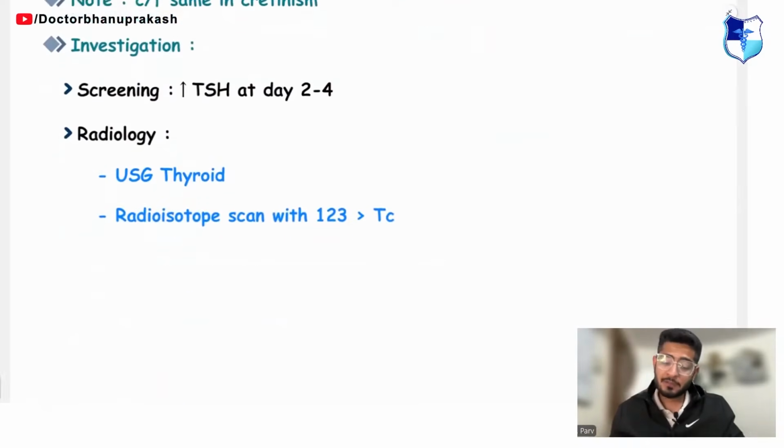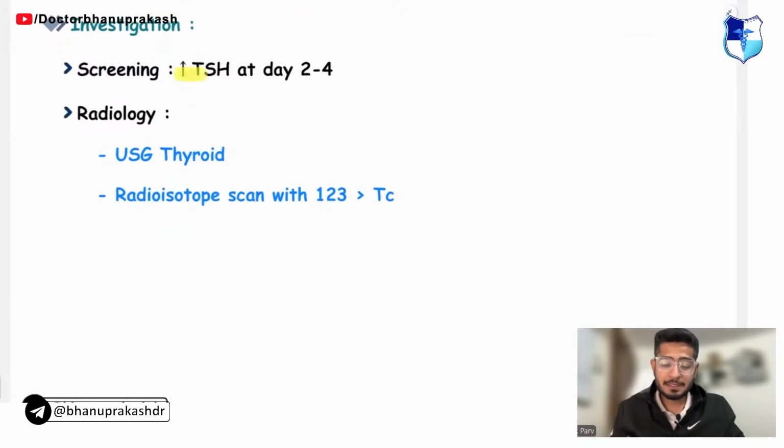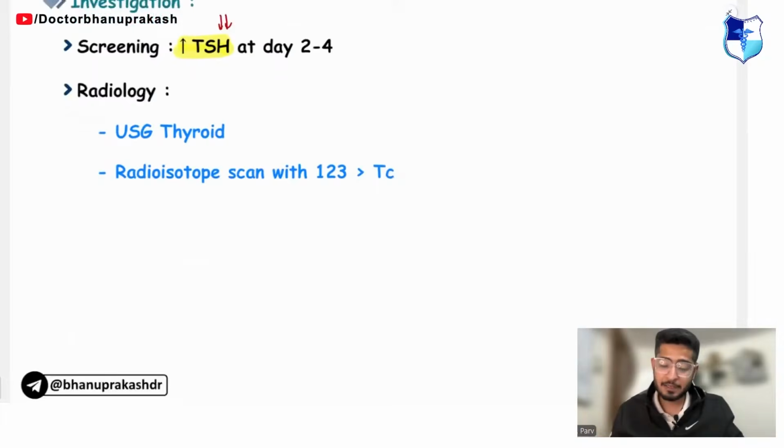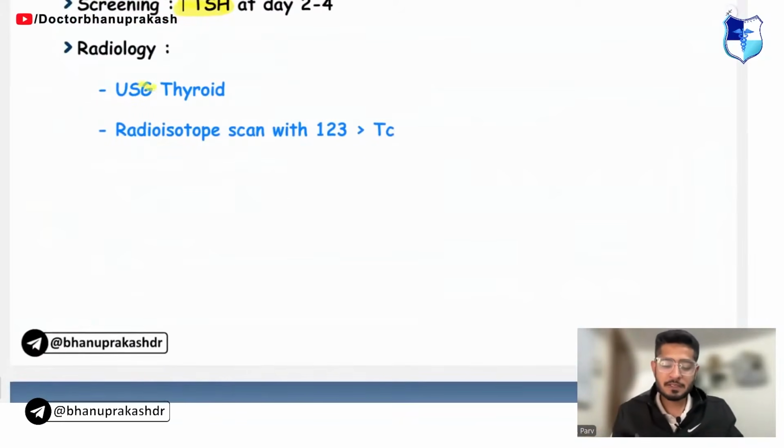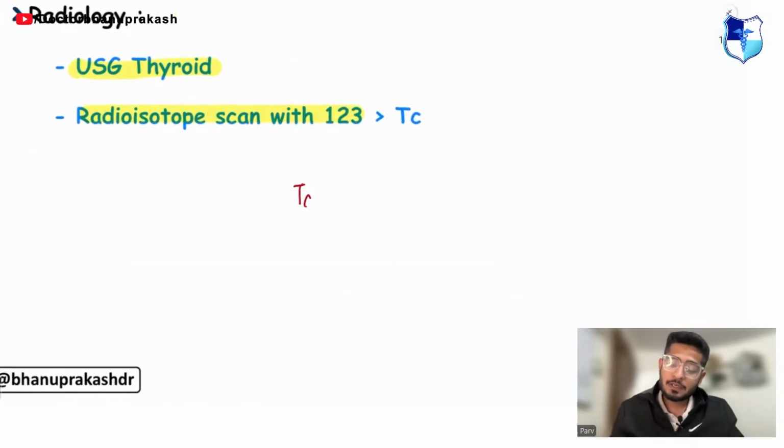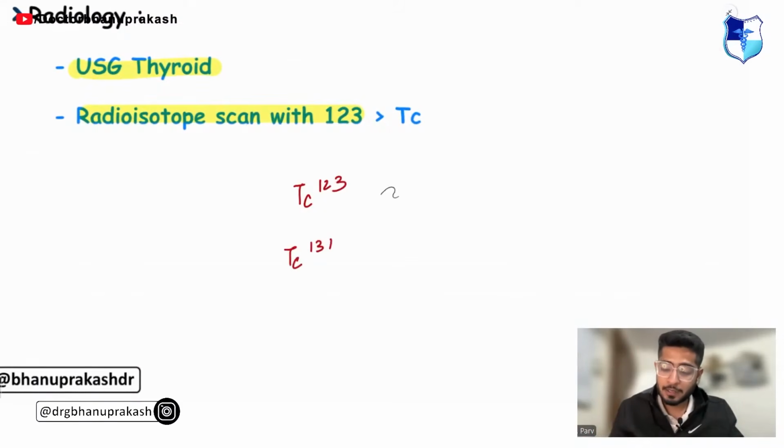And then for investigation, you have to do a TSH. For any hypothyroidism, you have to check the TSH level. Radiological investigations like USG and radioisotope scan are also done. One important thing: they ask whether it is technetium 123 or 131 for diagnosis.